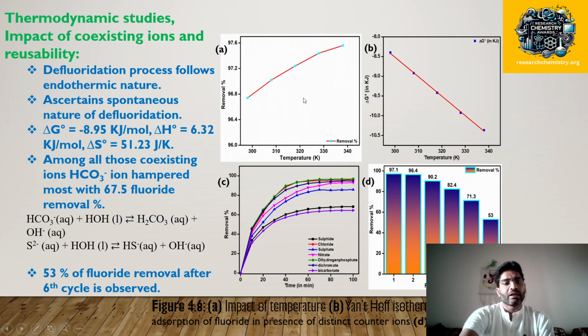So we could say that it is endothermic in nature. Defluoridation poses endothermic nature. It ascertains the spontaneous nature of defluoridation, and delta G naught values were found to be minus 8.95 kilojoule per mole, enthalpy was 6.32 kilojoule per mole, and entropy was 51.23 joule per Kelvin.